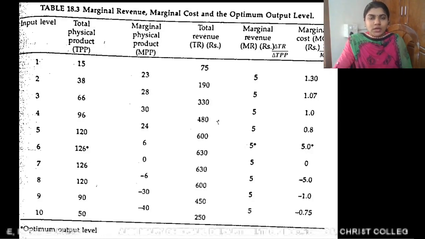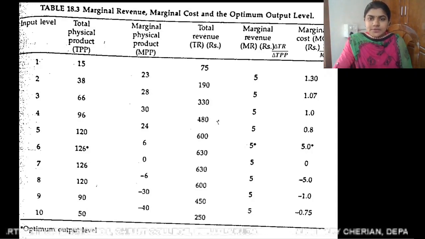We have only considered one single variable input, labor, and labor charges 30 per man day. So the change in input cost will be 30 rupees by the marginal physical product that we have already calculated. At the second input level, marginal cost will be 30 by MPP, 30 by 23, we will get 1.3.